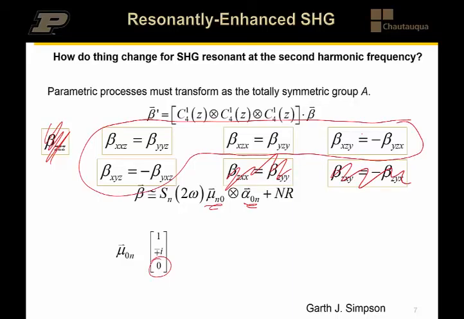In the case of second harmonic generation, the alpha must be a symmetric matrix because of the degeneracy in the frequency. And so therefore, these two are equal, and these two are equal. So we have 2 unique sets of vectors corresponding to the symmetry allowed elements in molecular hyperpolarizability for second harmonic generation.